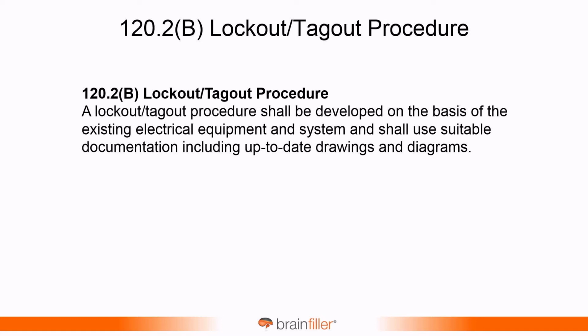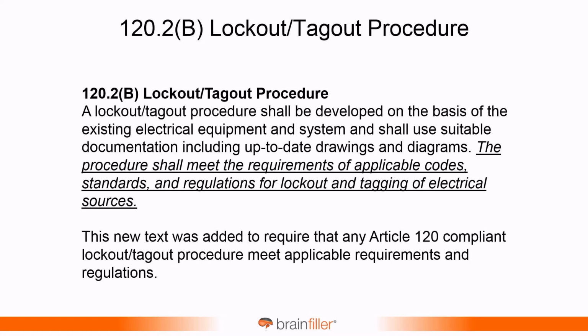I'm going to talk about that one in a moment. However, there's an addition. The procedure shall meet the requirements of applicable code, standards, and regulations for lockout and tagging of electrical sources. So this was added to make sure that any lockout tagout procedure meets applicable requirements and regulations.